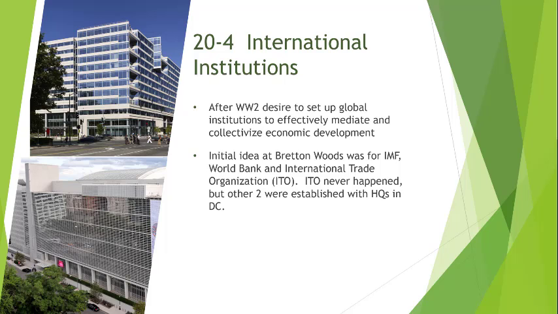We're going to see how that works. The top picture there, by the way, is the IMF headquarters in Washington, D.C., and the second one, the bottom left, is the World Bank headquarters in Washington too. Now, the World Trade Organization, as you know from a previous chapter, is based in Geneva, Switzerland, so it's not based in the US.